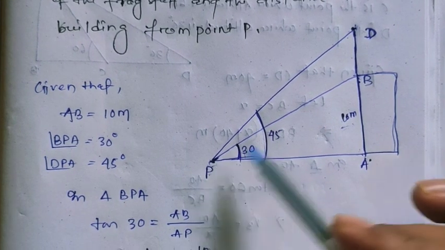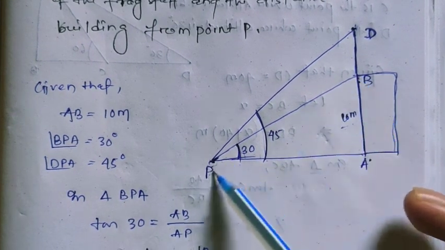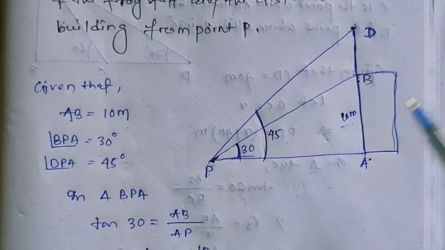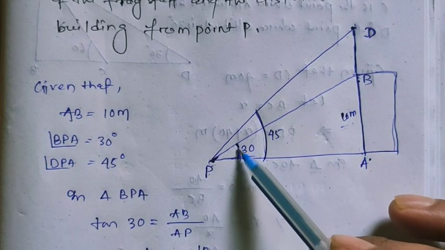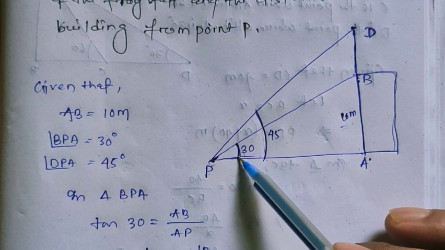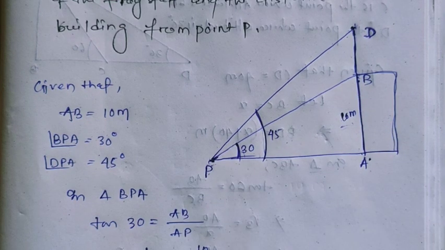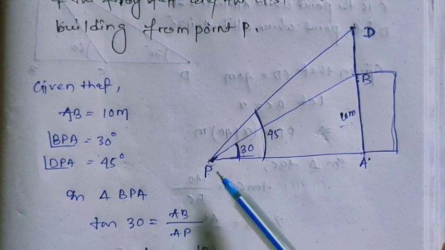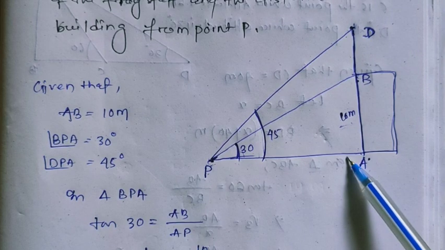So in triangle BPA or APB, whatever you take, tan 30 is equal to AB by AP. From there I can find the value of AP.